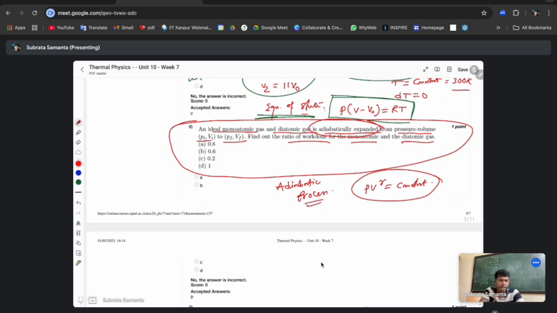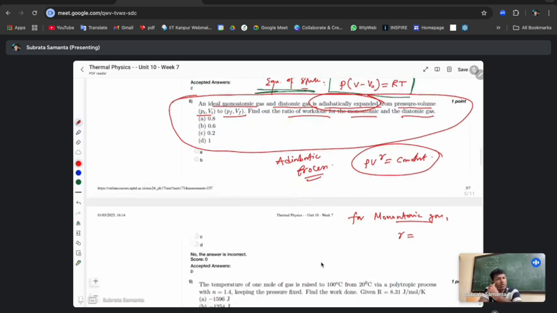Now for the monatomic gas and the diatomic gas, the gamma value changes. So for monatomic gas, how to calculate gamma? This is very interesting.